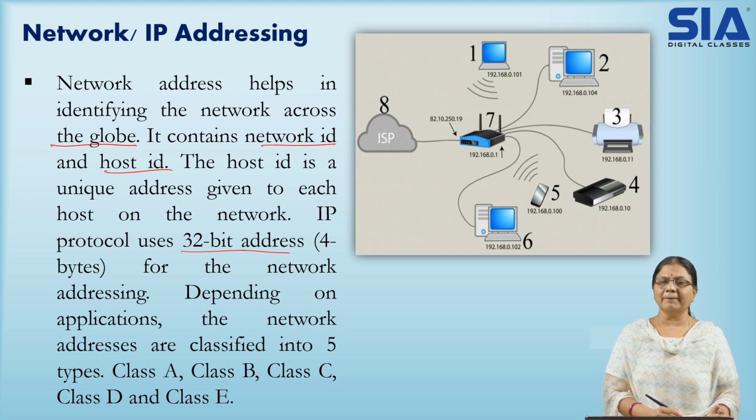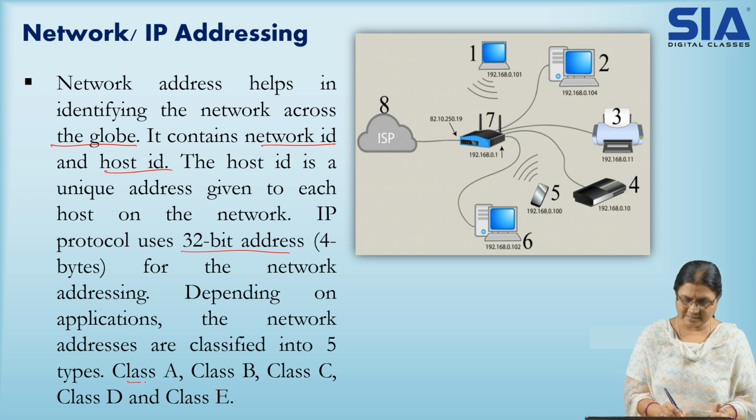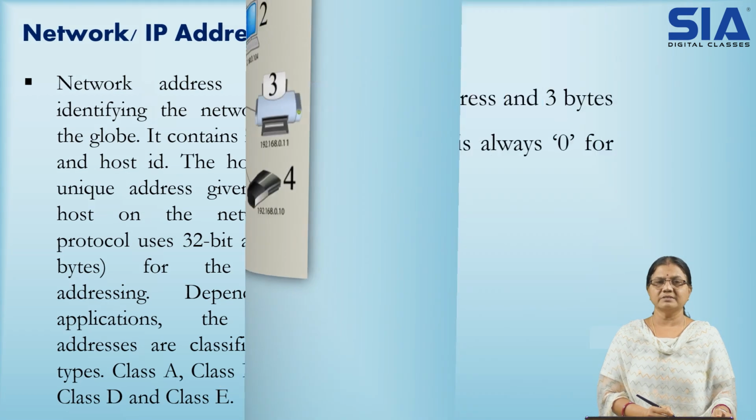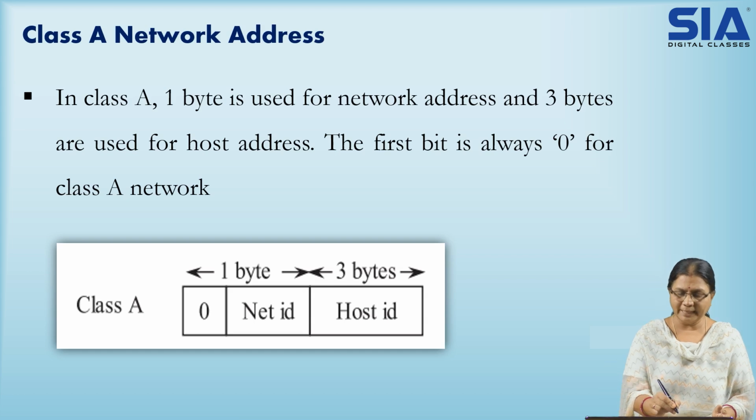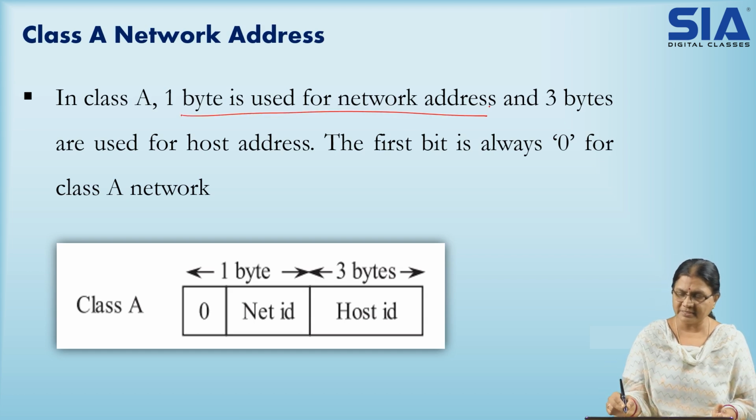Depending on the applications, the network addresses are classified into 5 types or categories: class A, class B, class C, class D and class E. Let us understand one by one. Class A network address: in class A, 1 byte is used for the network address and 3 bytes are used for the host address.